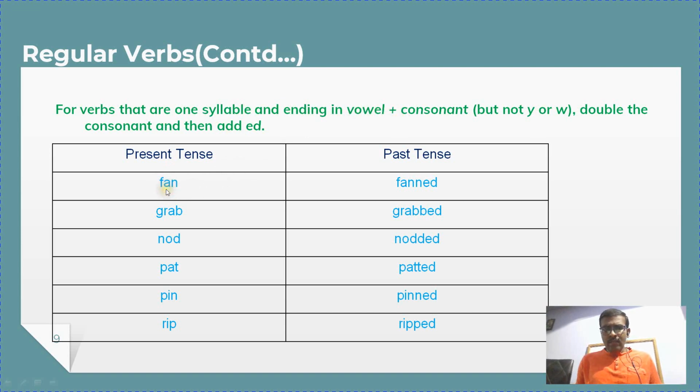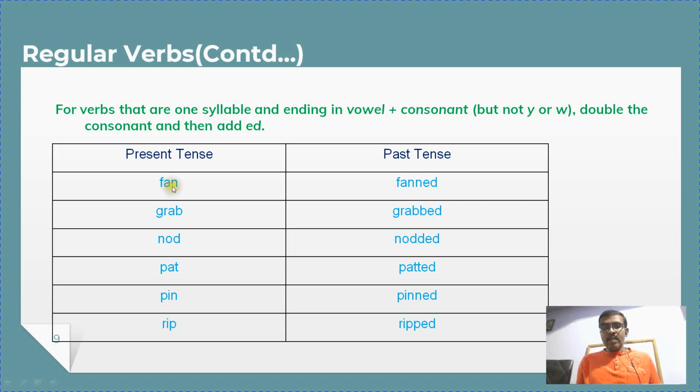In fan, it is ending in vowel plus consonant. A is the vowel and n is the consonant. On the consonant side, y or w should not come, and here they do not. So vowel plus consonant is available here, a plus n, so you have to double the consonant.